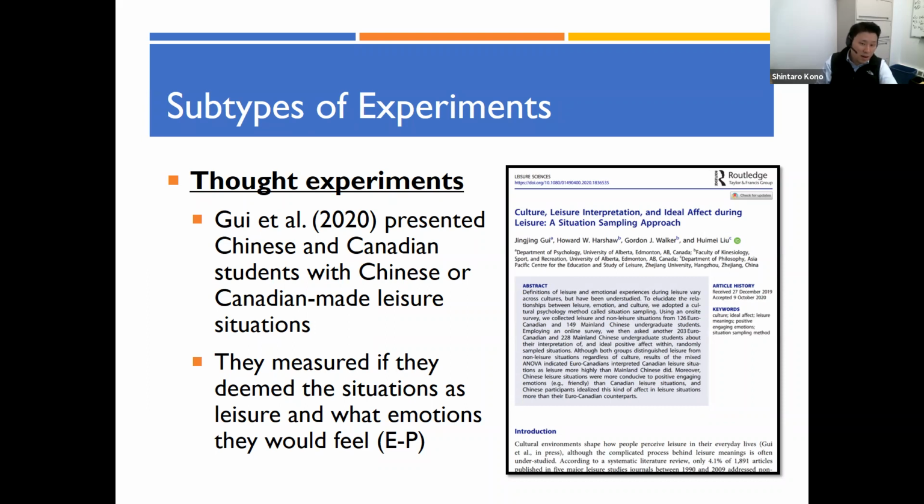It's better, I guess, but it would be a lot more expensive, like hundreds of thousands of dollars more expensive, because we have to take Canadian students to China. Probably students would enjoy that, but it's a lot of money for us, right? But thought experiments would help. It can be a good step toward such experiments too. It's very helpful in a cross-cultural context, because cross-cultural research like this can be very, very expensive.